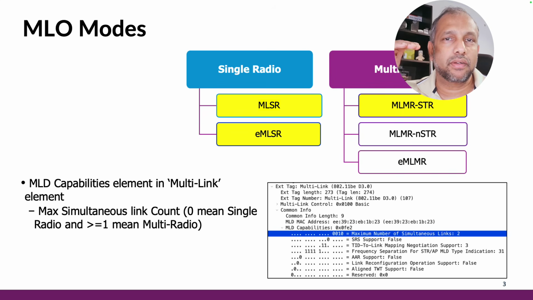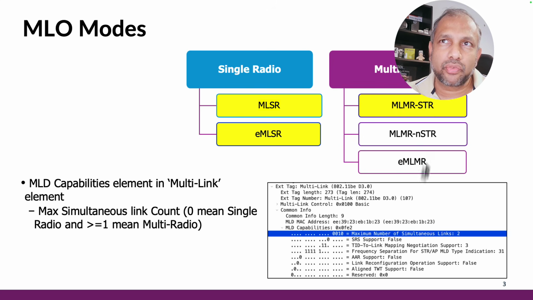The key takeaway is that if this value is 0, the client will be either MLSR or EMLSR, a single radio client. If this value is greater than 1, it's a multi-link multi-radio.